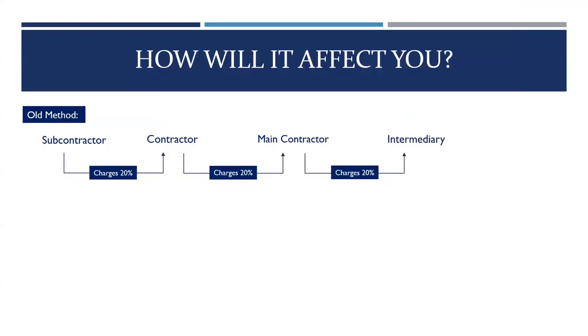Then the main contractor, if there's an intermediary, will charge the intermediary VAT. The intermediary claims it back, and then the intermediary charges the end user, and the end user claims it back.